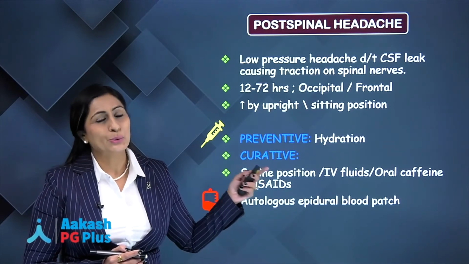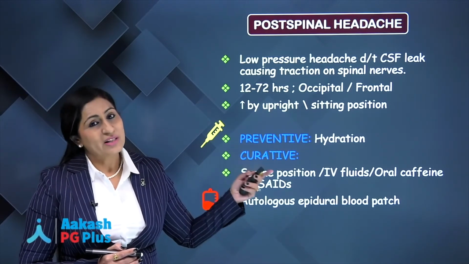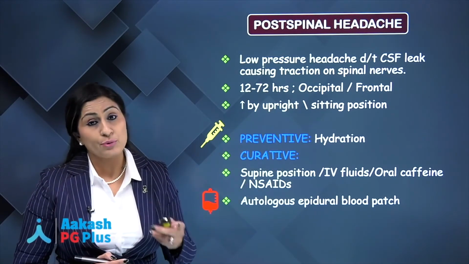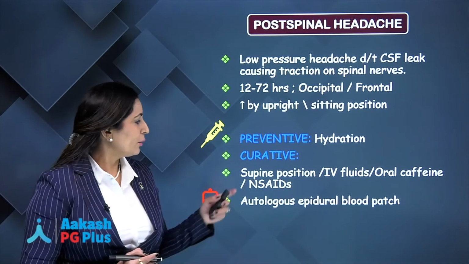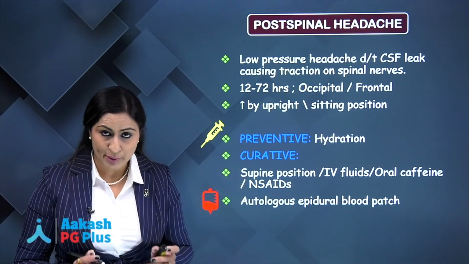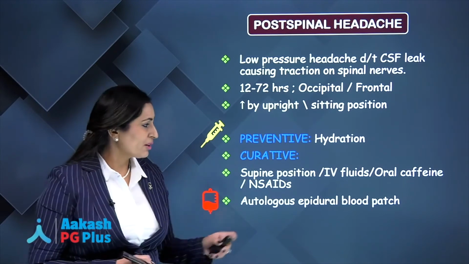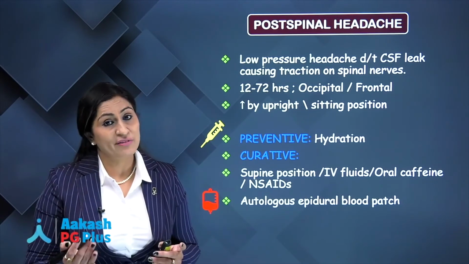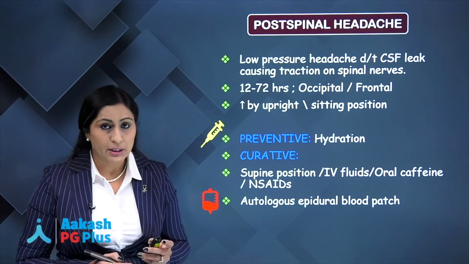Crystalloids are not useful in preventing the headache, but yes, hydration can improve the post-dural puncture headache. What is the treatment? We must tell the patient to lie supine because it helps the patient. Give lots of oral or IV fluids, whatever may be the condition.